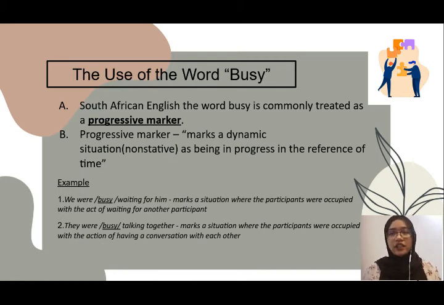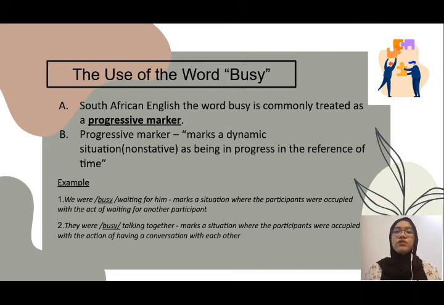In South African English, the word busy is commonly treated as a progressive marker, a marker that serves the purpose of marking a dynamic situation as being in progress in reference to time. Examples are "We were busy waiting for him" and "They were busy talking together." Notice how busy is used in the sentences. It serves as a progressive marker in these two situations.